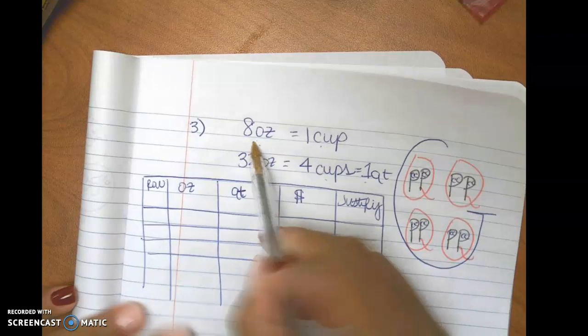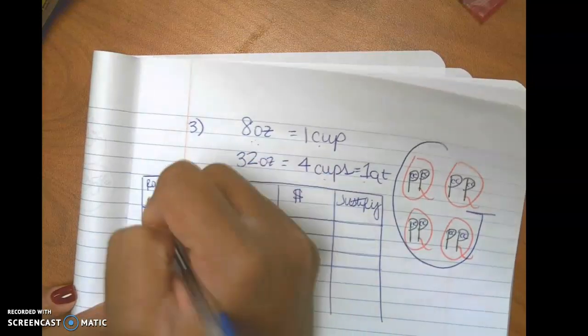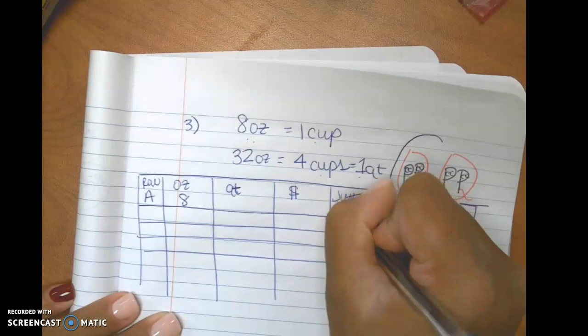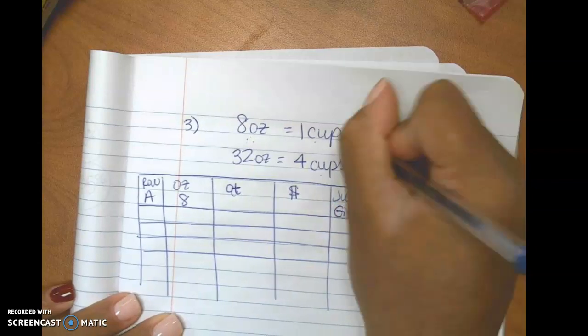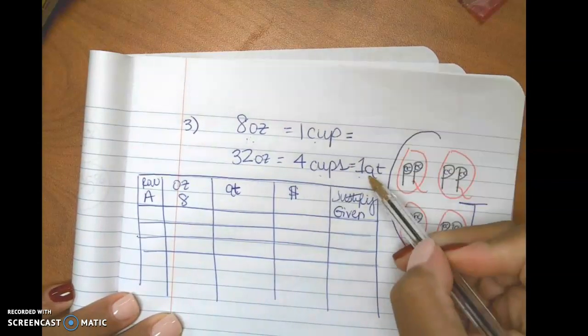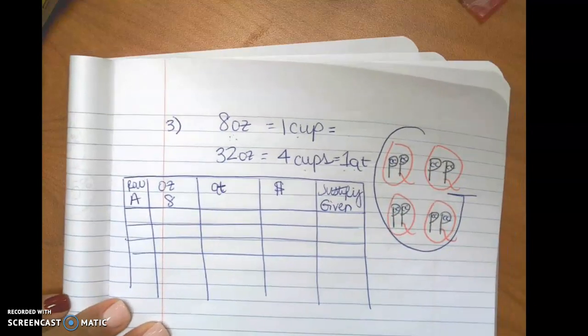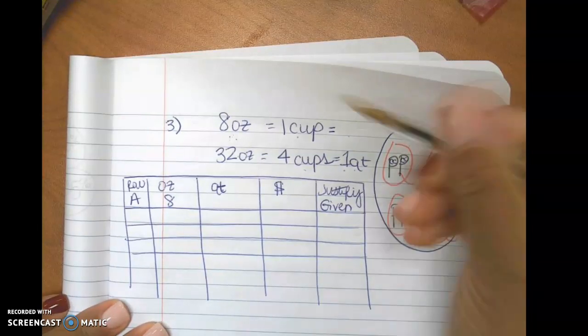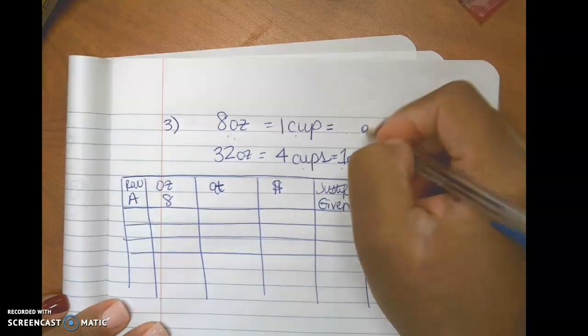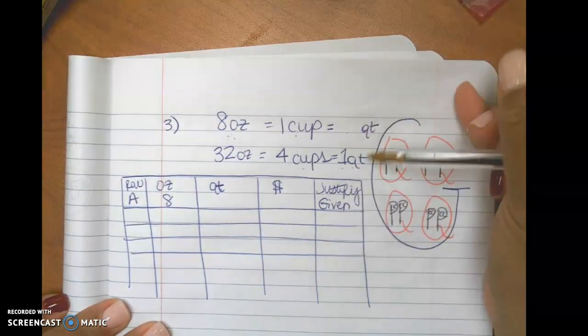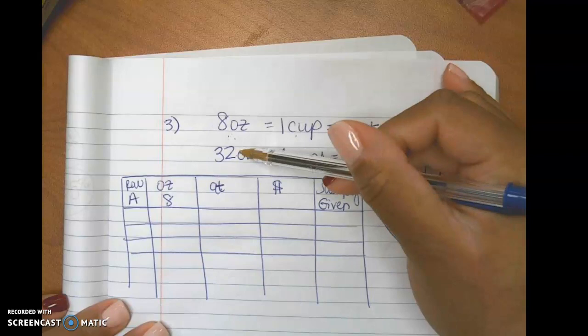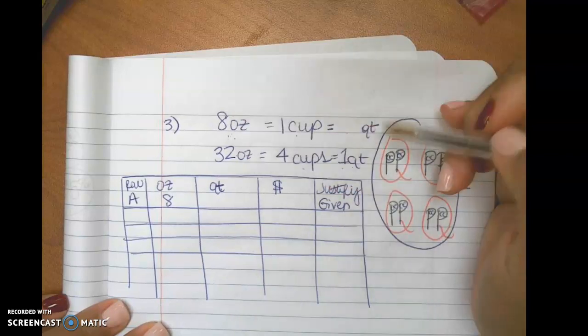If I have 8 ounces, this is what they gave me, so it is given. How much of a quart is that? One quart is 32, so how much is 8 ounces?